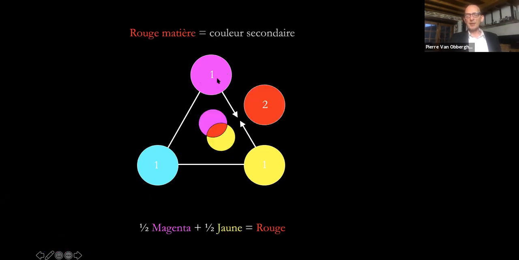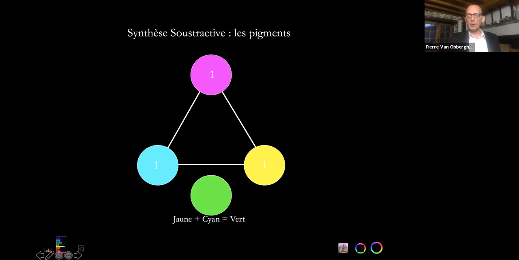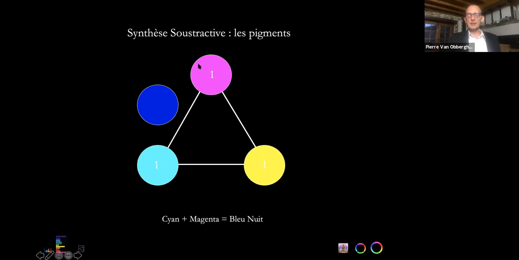If you mix the same amount of magenta with yellow in paint, you will get red. If you mix the same amount of yellow and cyan, you will get green and all the different greens between yellow and cyan. And if you mix magenta and cyan, you will get deep blue or any colors in between.